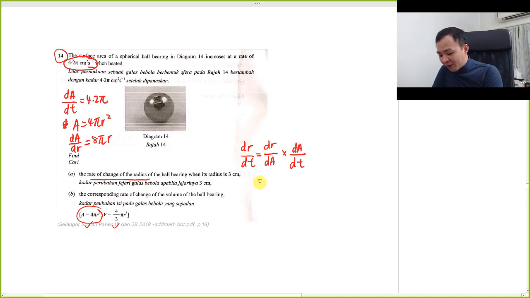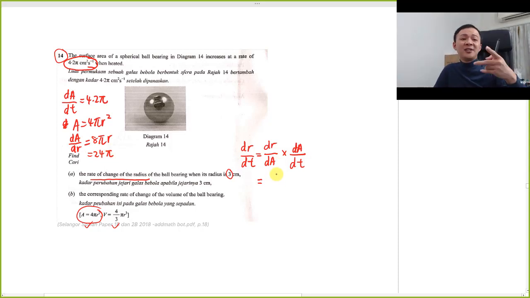But before I substitute dA over dr into dr over dA, I have the r value. r equals 3 is given here. So I will substitute 3 here to get 24 pi. This is dA over dr, so dr over dA means just flip over.